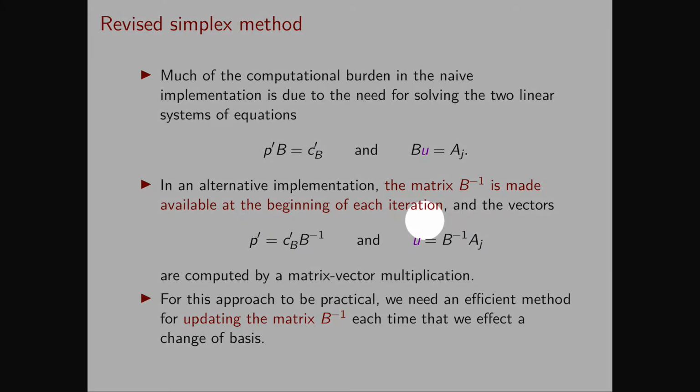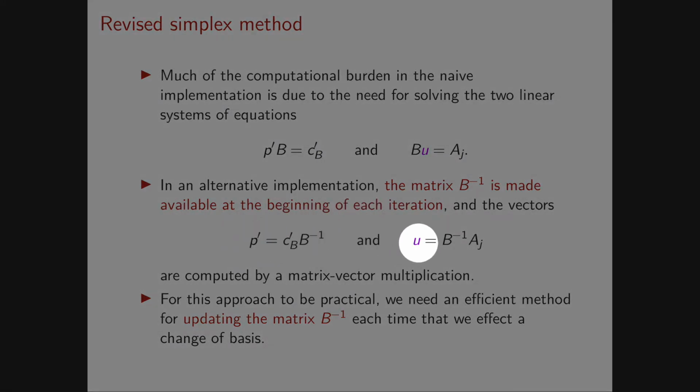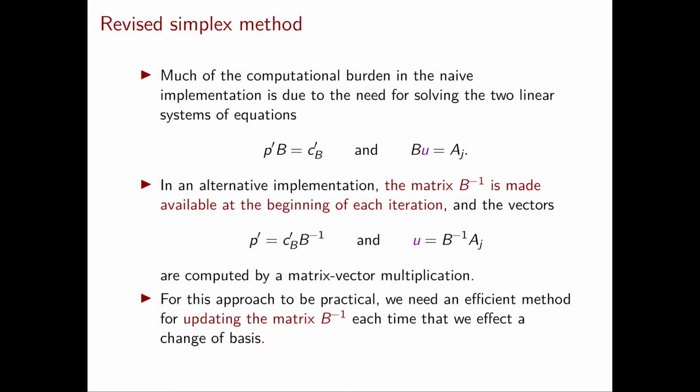So to obtain either P transpose or U, we only need to compute a matrix vector multiplication where the matrix is m by m and the vector is in Rm. And we know that this multiplication can be performed in only O of m square operations. So this idea gives us a clear path on how to decrease m cube operations to m square operations in a single iteration.